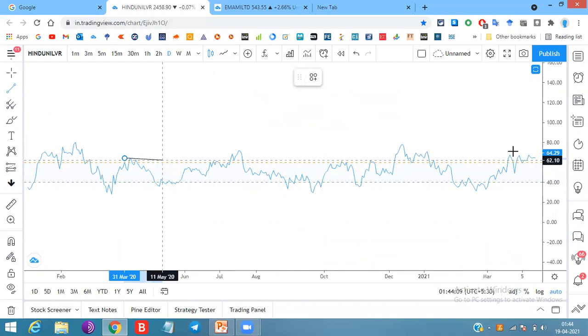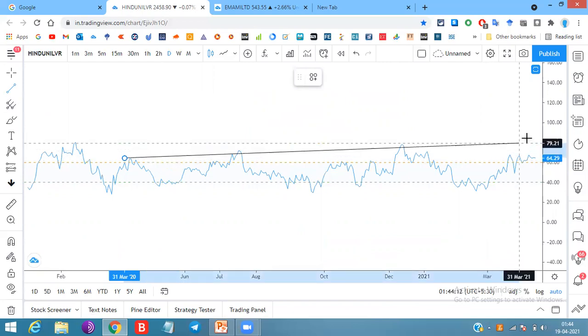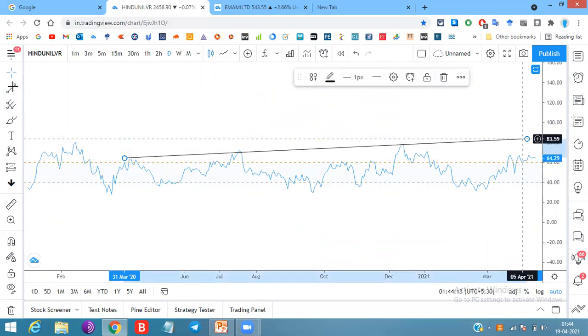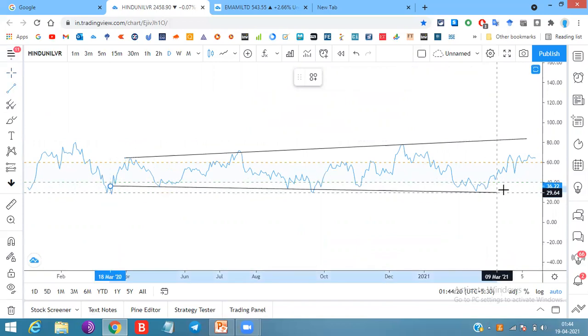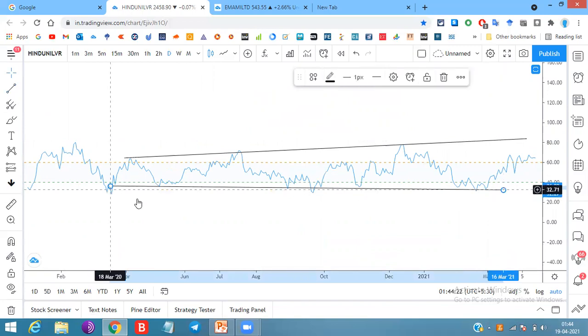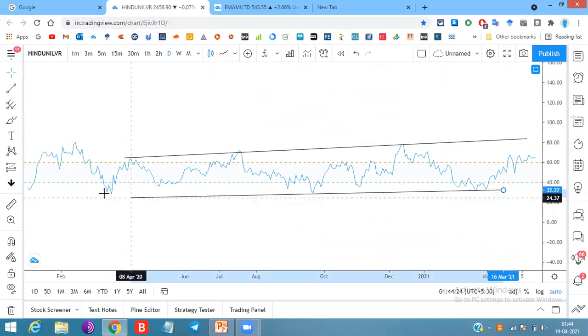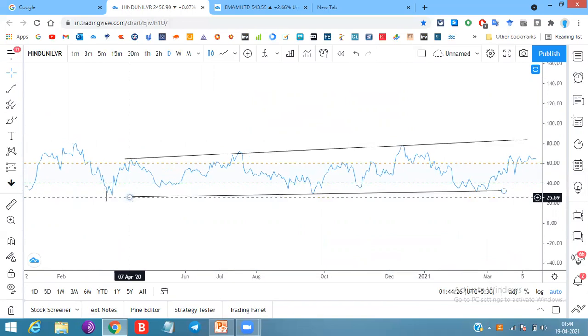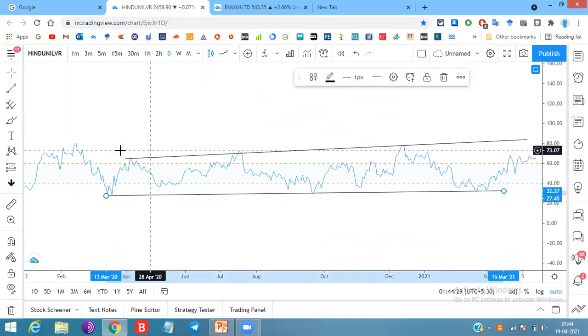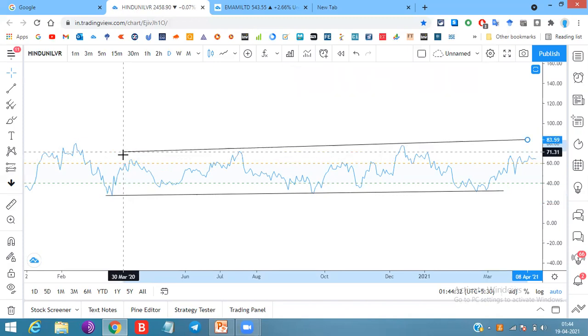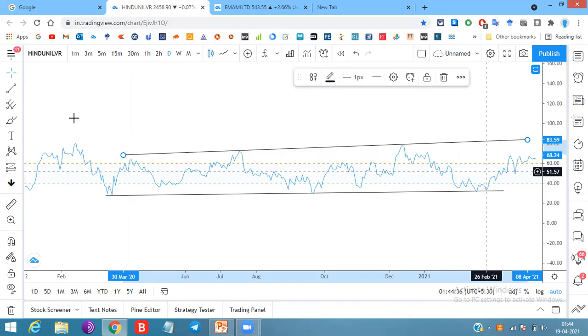Okay, I could see a channel 2 somewhat like this. Just connect the pivot points as much as possible. Okay, guys, this is the channel 2 that I can look at.